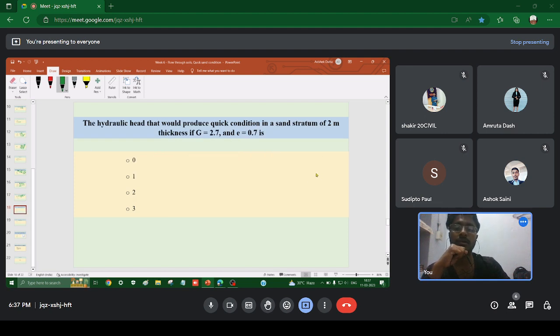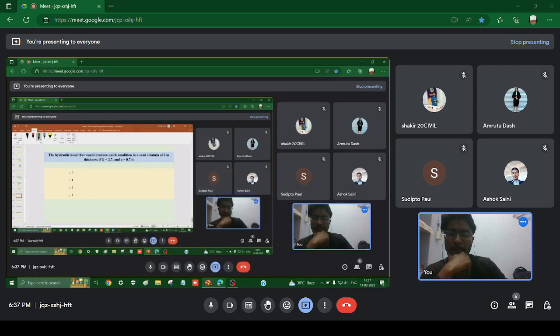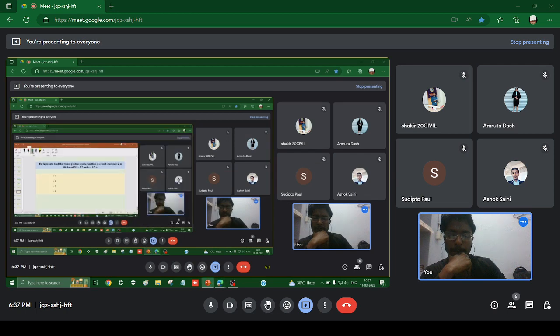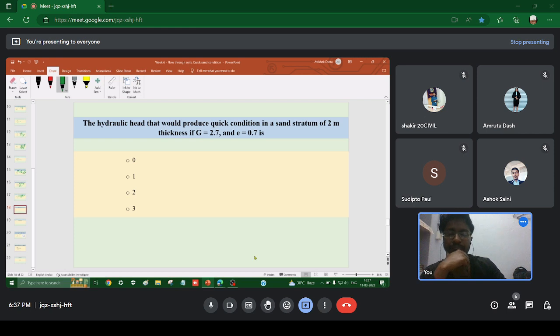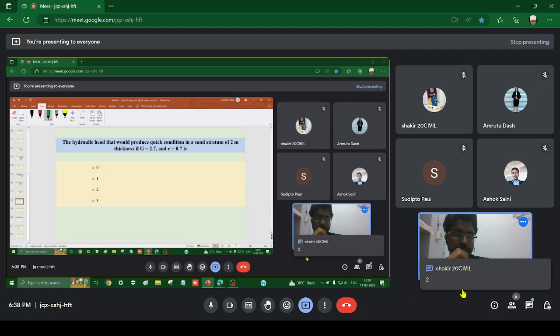Hydraulic head that would produce quick condition in a sand stratum of 2 meter thickness if G equals 2.7, E equals 0.7. What is the answer? Two.